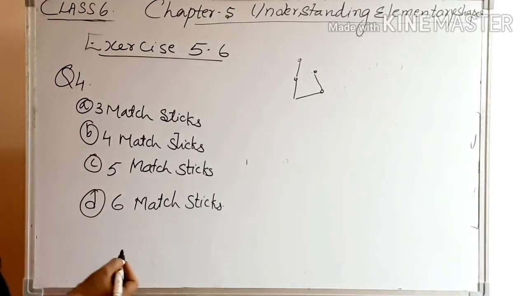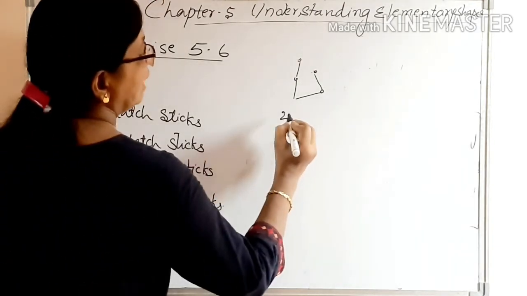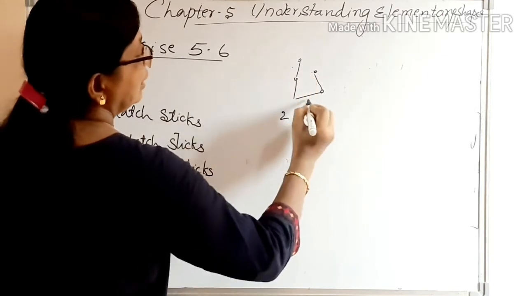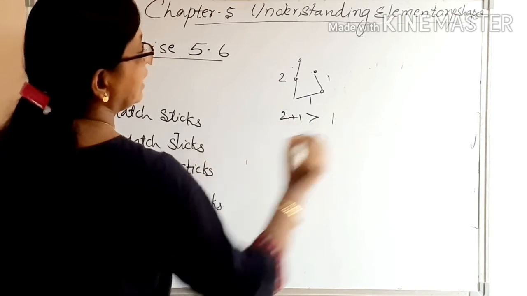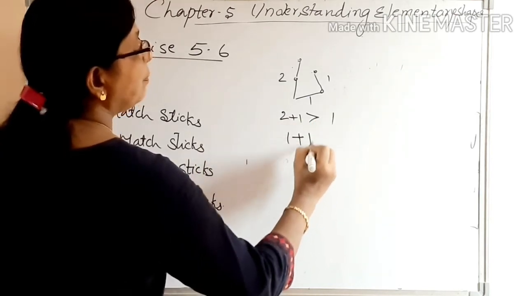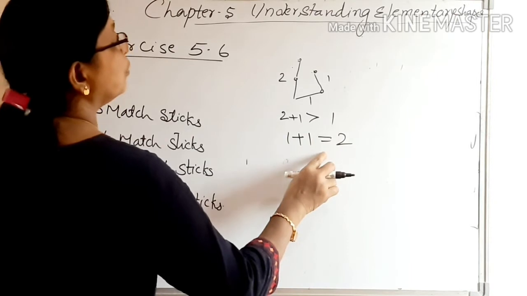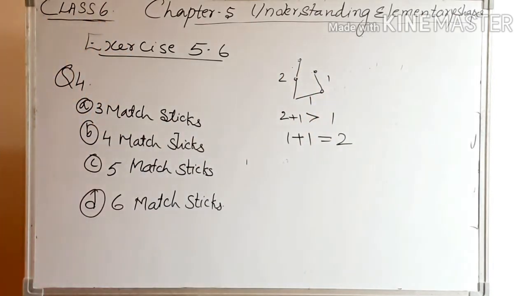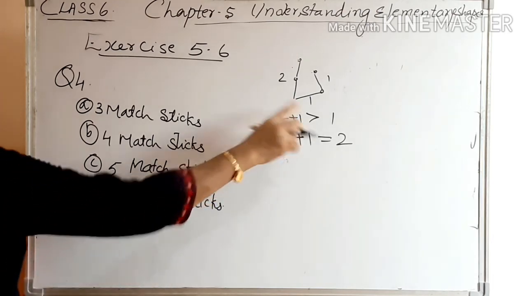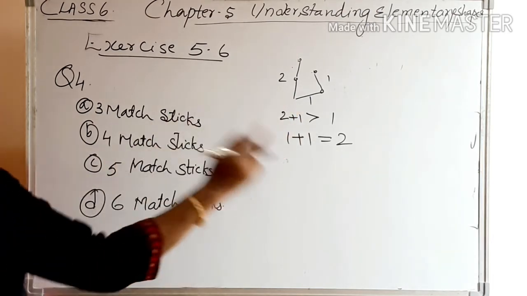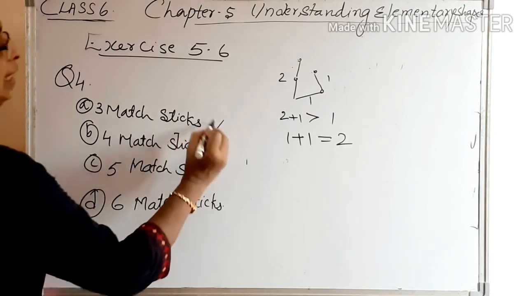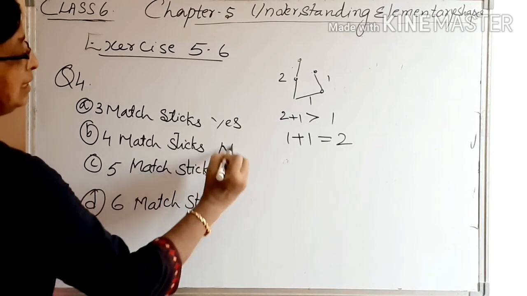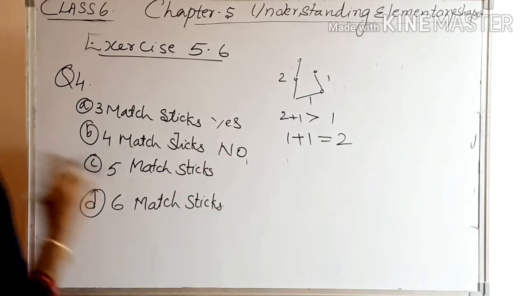We can't make it because here one side is 2, this is 1, this is 1. 2 plus 1 is greater than 1. But 1 plus 1 is equal to 2, not greater than. Therefore, this is not possible. Sum of any 2 sides of a triangle is always greater than the third side. Then only we can make it. Here the first case is yes, and in the second case it is no.